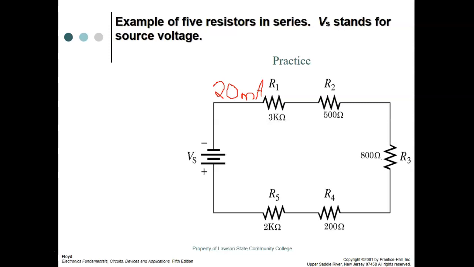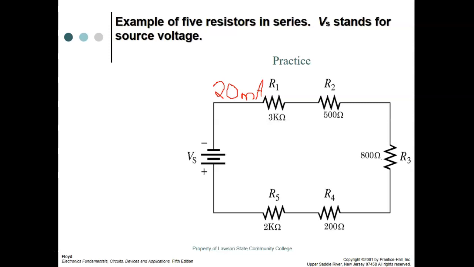So once I've found my voltage total, what can I find? Well, I've got current and I've got resistance. I can just go ahead and go down the list, right? So what is my voltage at resistor 1? 60.